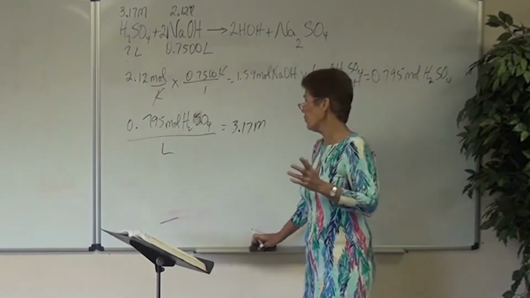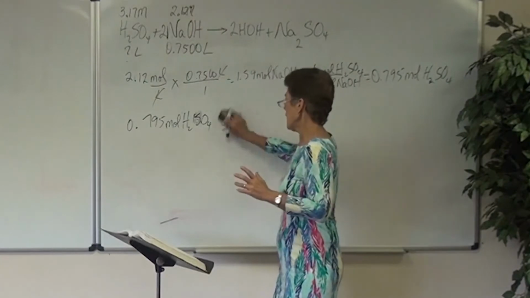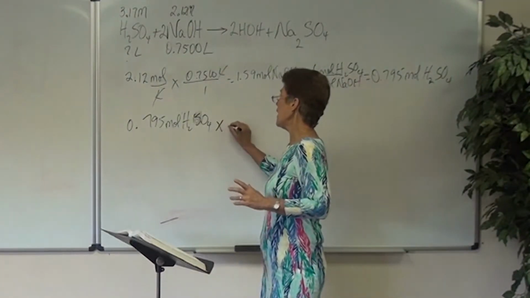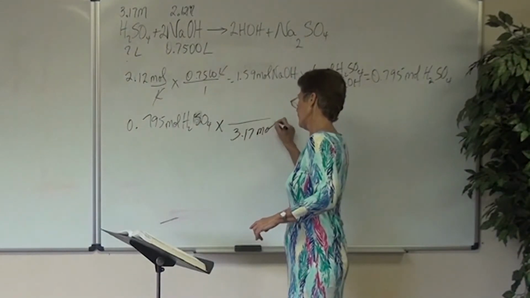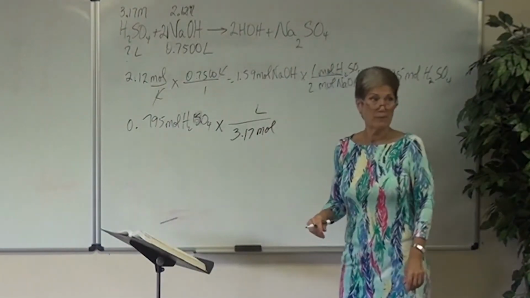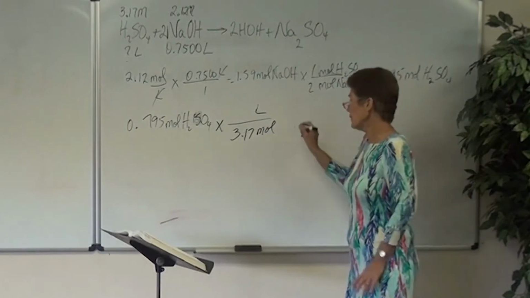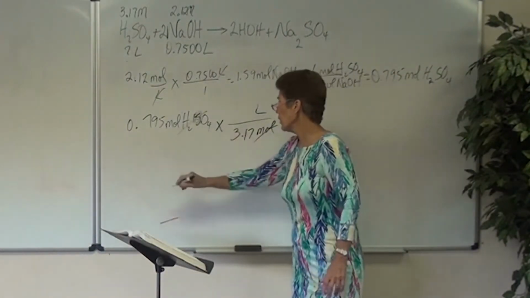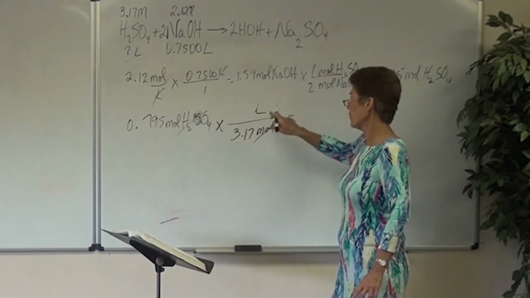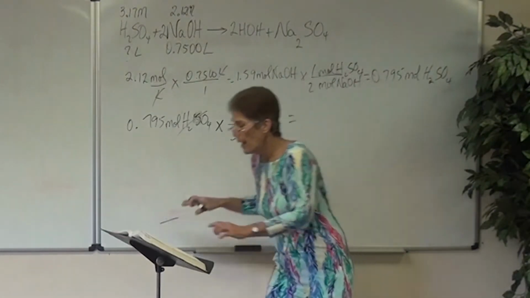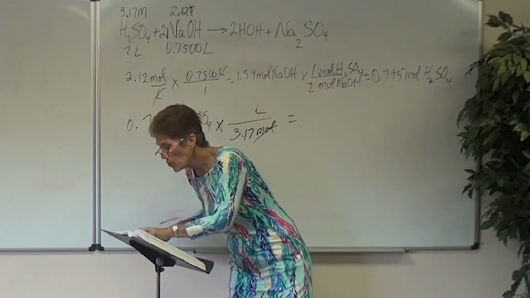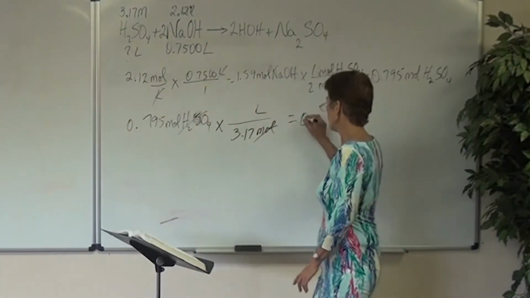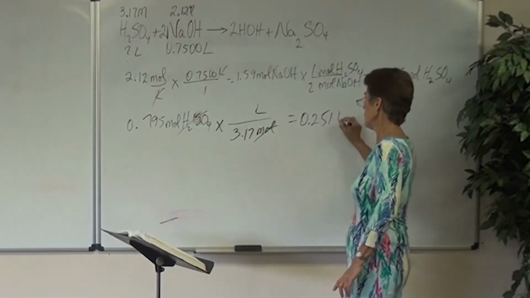And that's absolutely true, but me being the weirdo that I am, I told you to just go ahead and take the molarity and flip it, because that's really what you're doing. And then the moles will disappear, and you'll be left with the liters up top. And the liters in this case is going to be 0.251 liters.